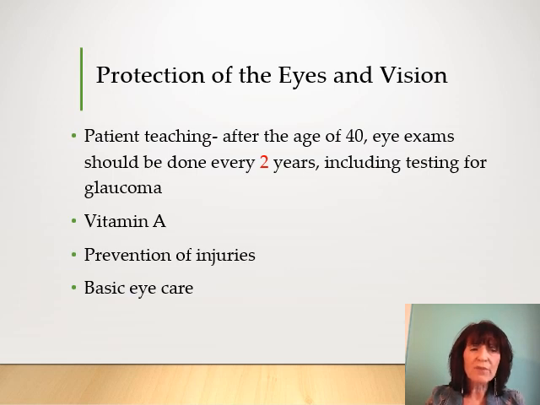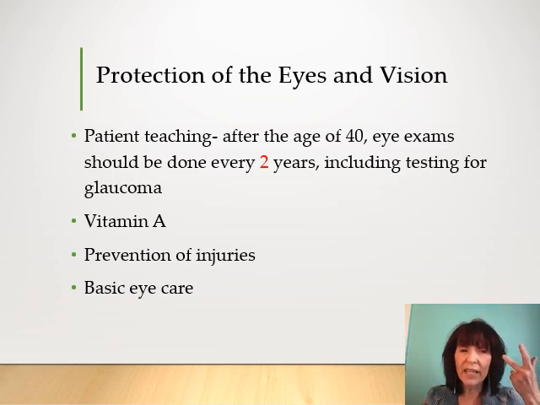So we want to prevent the eye from injuries, so those protective goggles are really important. For nurses, we don't get secretions in our eyes, but there are some jobs that they need to wear protective goggles to prevent injuries to the eyes. Most facilities have an eye wash station in case something got in the eye. When it's really windy outside, things can get blown into your eye, and you want to irrigate your eye.